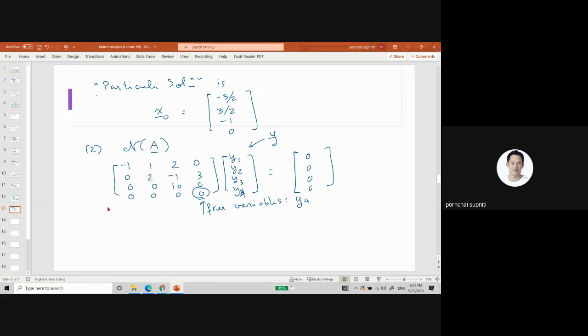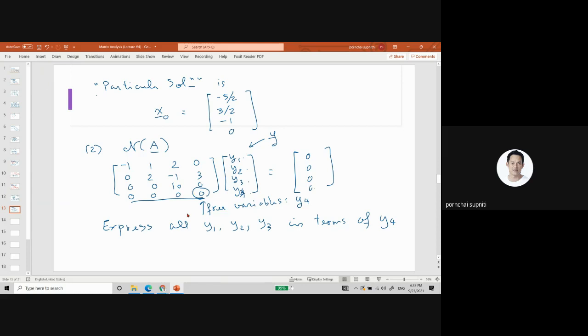So what we will do is express all the y1, y2, and y3 in terms of y4. Because in this case, if you multiply this line with y1, y2, y3, and y4, you get that 0 multiplied with y4 has to be 0. So y4 can be anything, right?